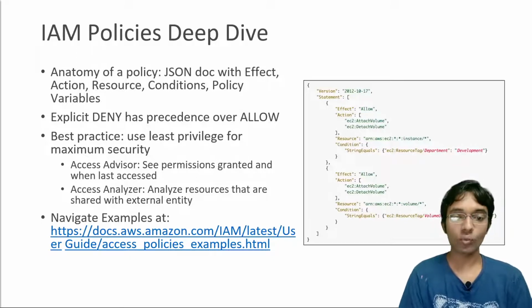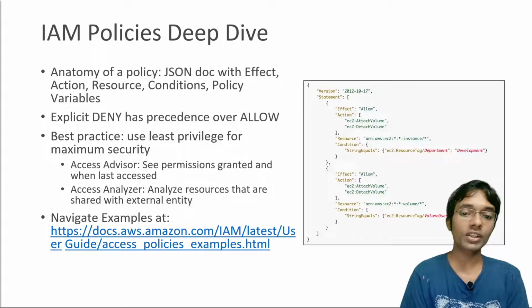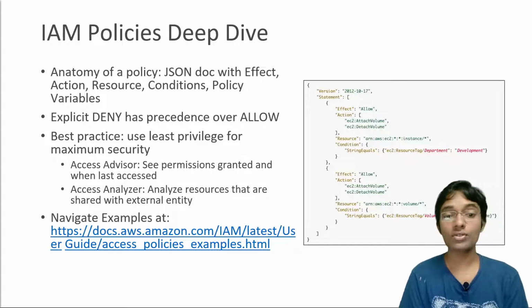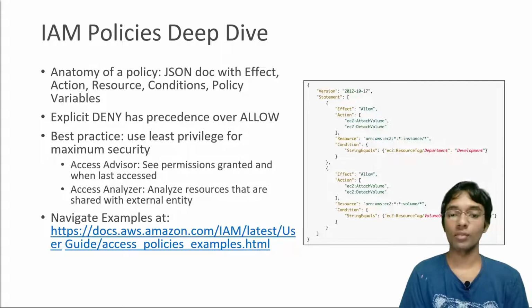That means that only the EC2 instances tagged with this tag can have volumes attached or detached, and so on. So this is quite specific, and you can get very crazy with IAM policies, but this is how all of AWS works, and we know this already.